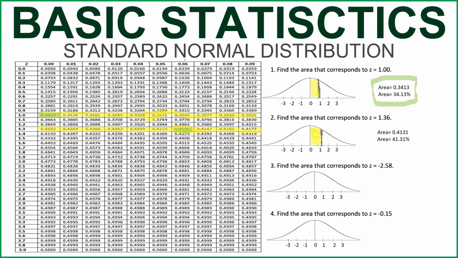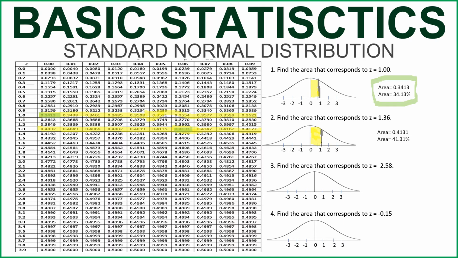So, this is negative 2. So, saan banda yung negative 2.58? Banda ba dito sa between negative 1 and negative 2 or negative 2, negative 3? So, the answer is between negative 2 and negative 3. So, this is negative 2.5. So, move lang natin ng konti.